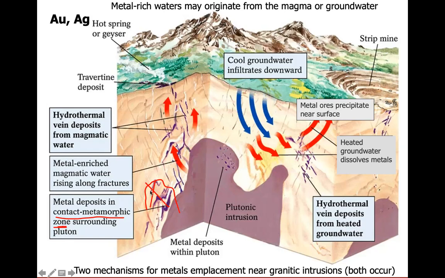In contact metamorphic zones, where the magma is in contact with the host rock, the rocks get heated, right? And some reactions take place in a process we call metamorphism. We call it contact metamorphism, and some mineralogical changes happen.